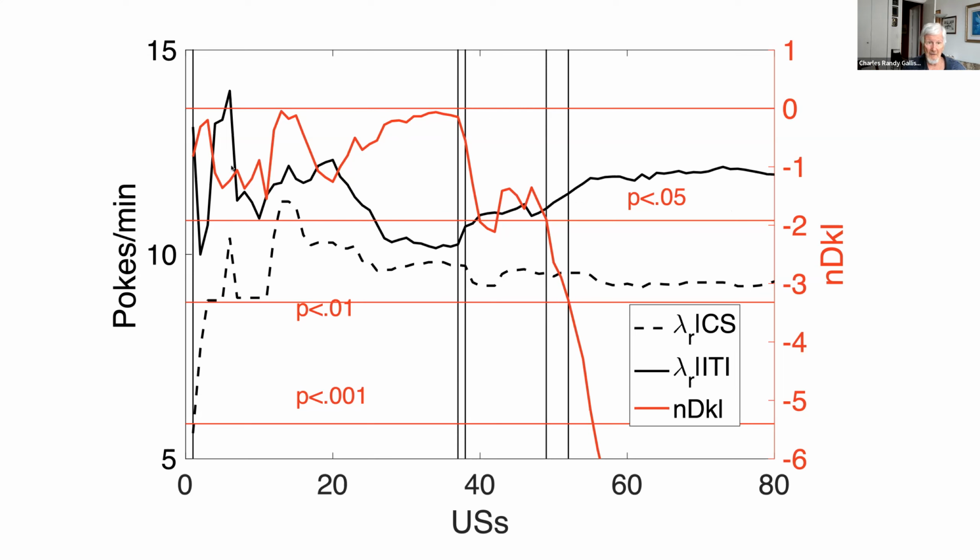But if you find that change point based on the NDKL and look back, what you find with a very liberal criterion early on, which is not very reliable, might become a bit more informative now, because later on there's decisive evidence that responding during ITI is so.